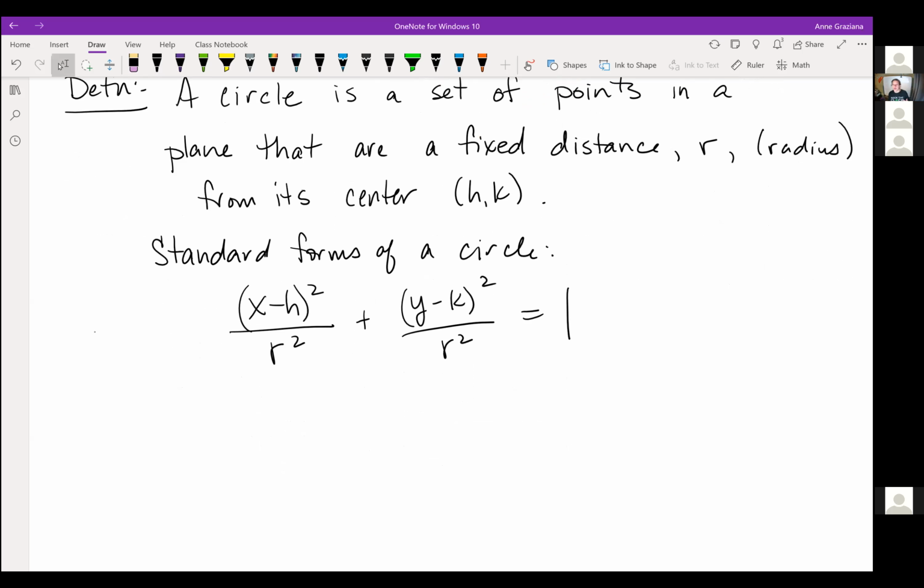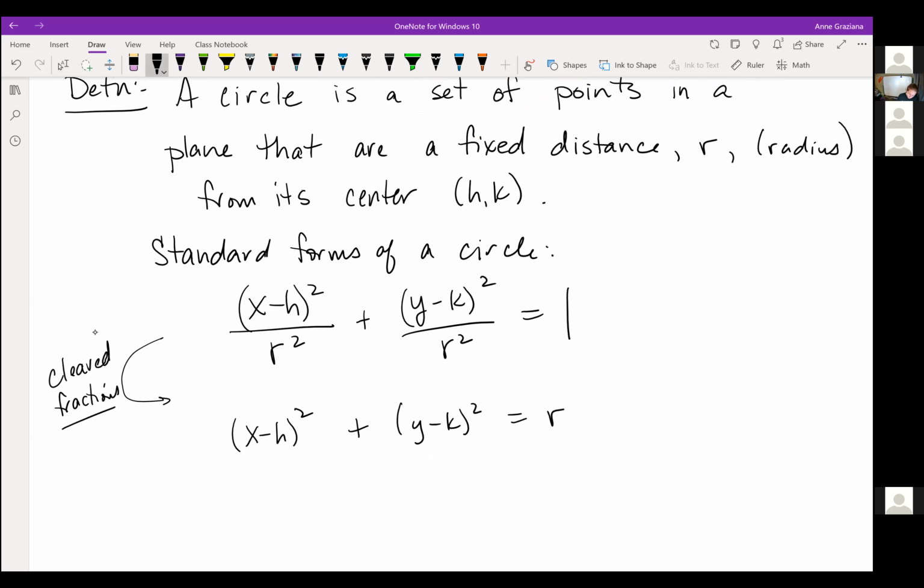Now, if I multiplied everything by r squared, if we cleared fractions, you also get x minus h squared plus y minus k squared is equal to r squared.